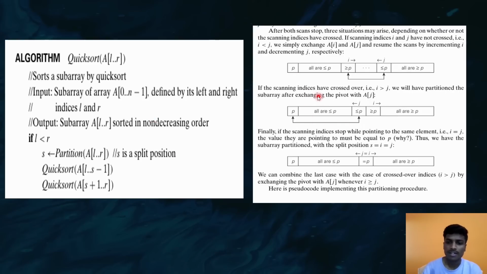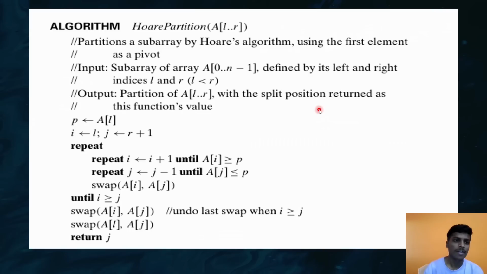Here the partition is carried out. Let us see in the next slide. So this is the partition function. The partition function partitions a subarray by Hoare's algorithm using the first element as a pivot. Let us take the first element as the pivot element.